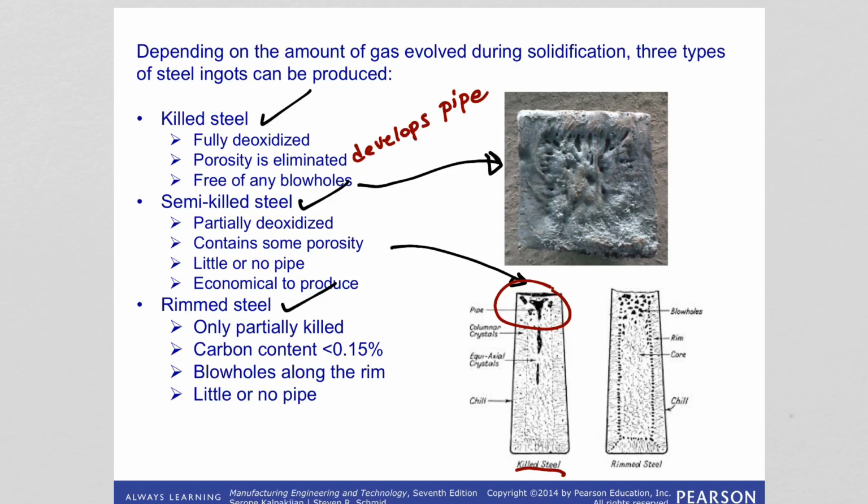That's why we call it rimmed steel. Again, with the same idea, rimmed steel has little or no piping, and it has a good surface finish and a ductile skin, and a carbon content that is less than 0.15%.